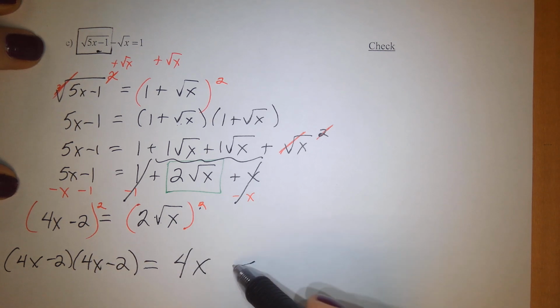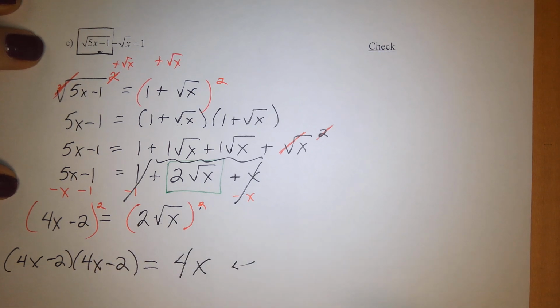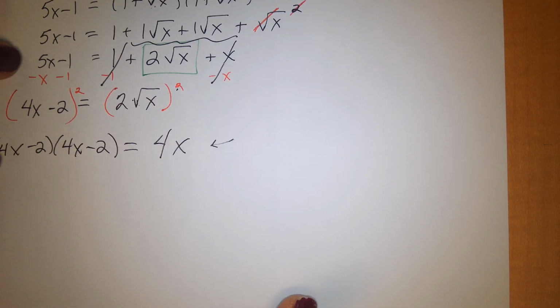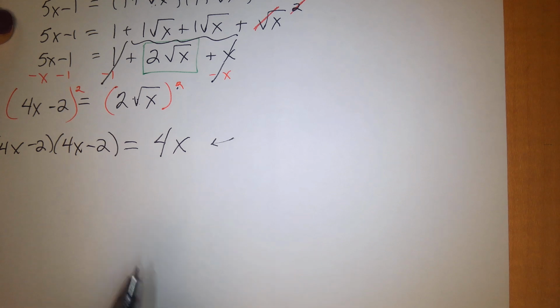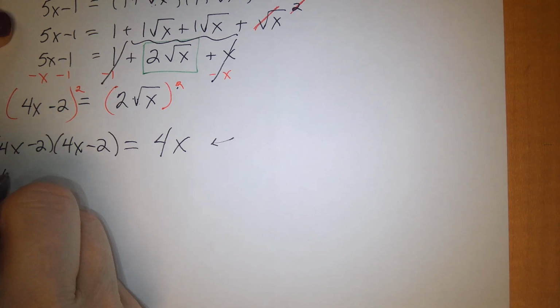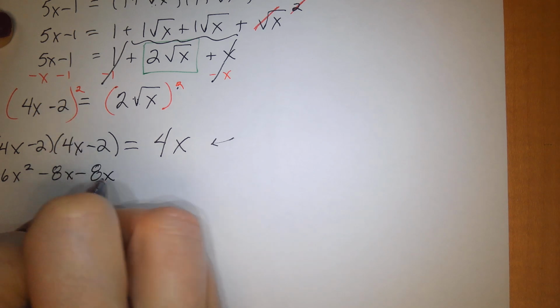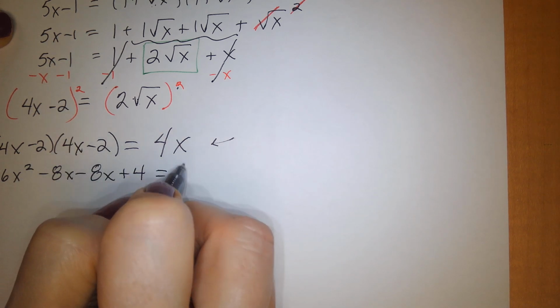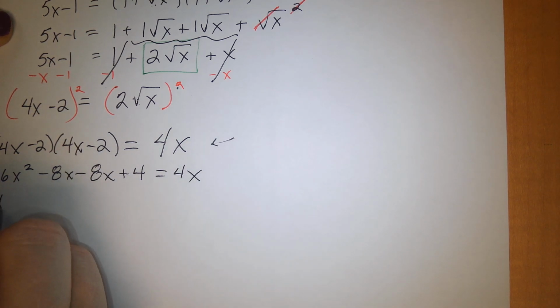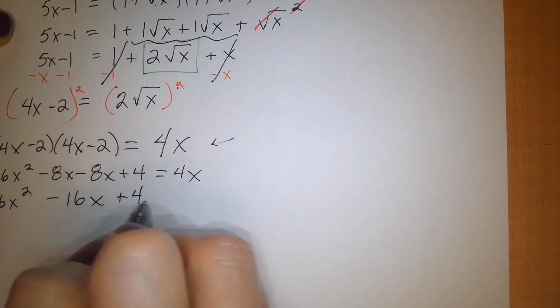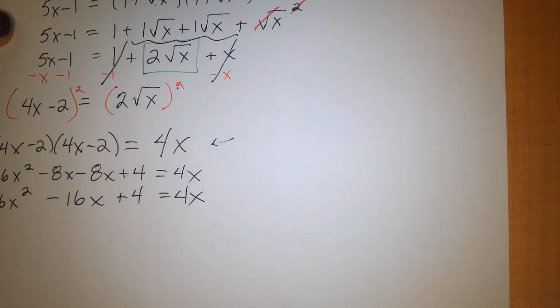So now you notice at this point, I have no more radicals. So let's keep simplifying. Let's FOIL. 16x squared minus 8x minus 8x plus 4 equals 4x. 16x squared minus 16x plus 4 equals 4x.